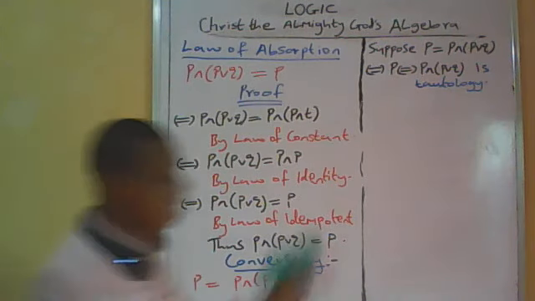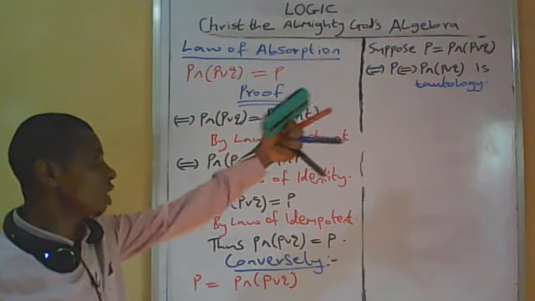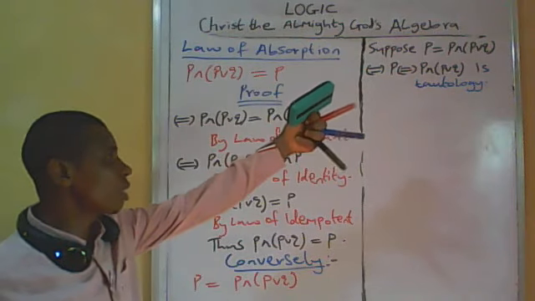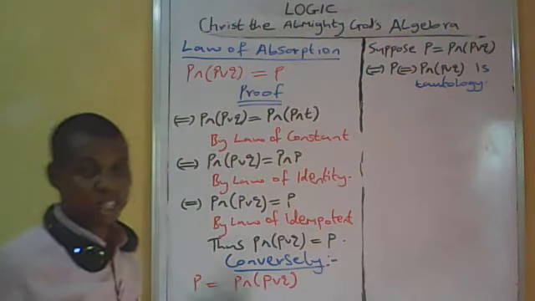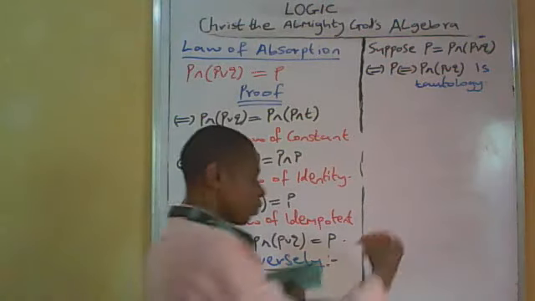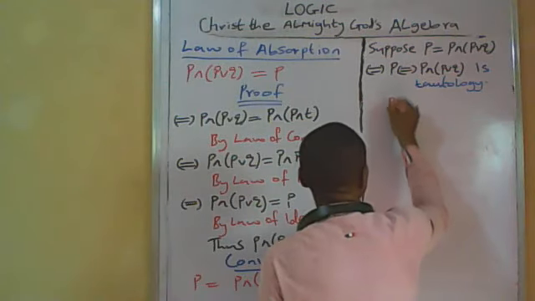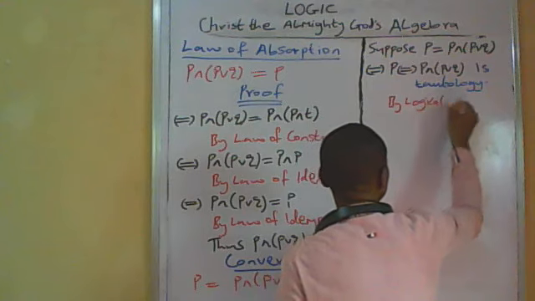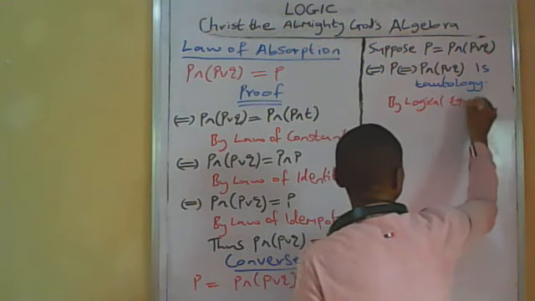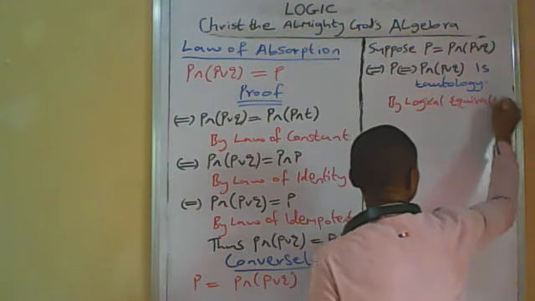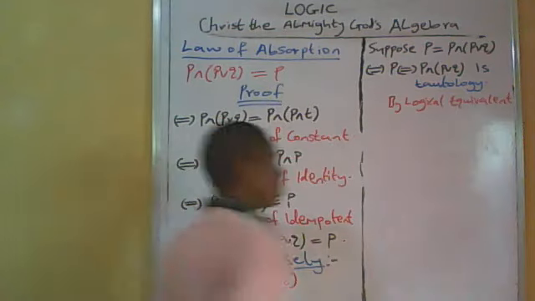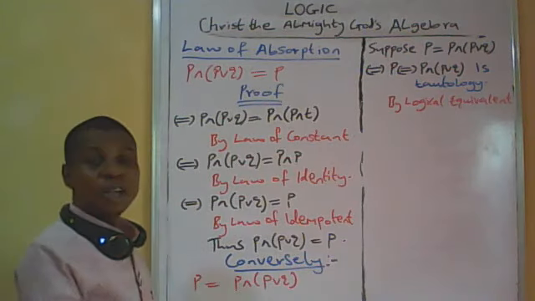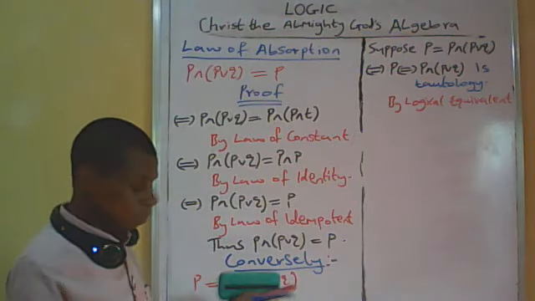It is being justified by logical equivalence. It's through logical equivalence that we transform the equation to a biconditional statement. So you say being justified by logical equivalence.